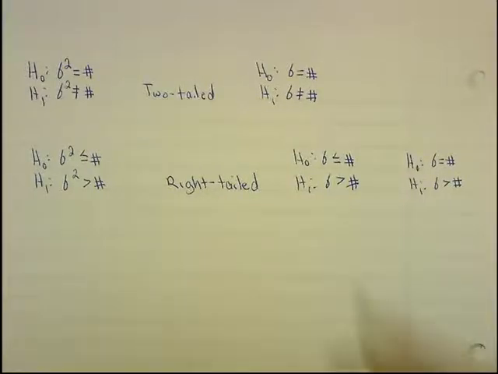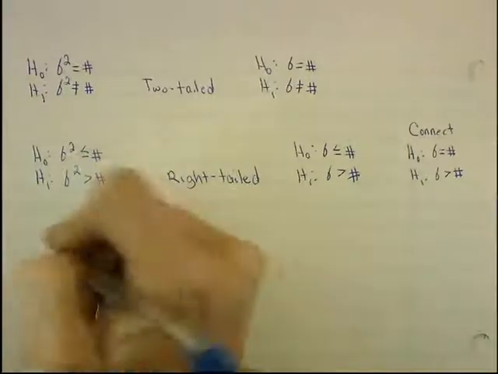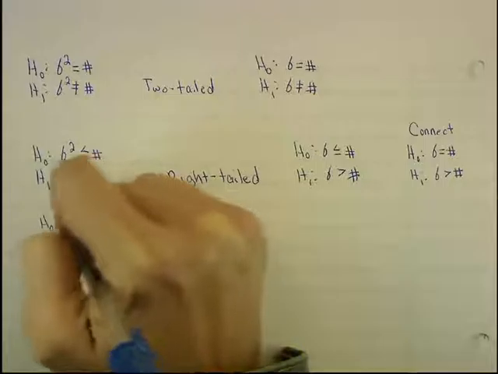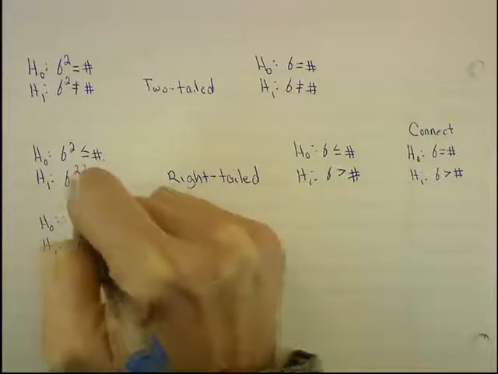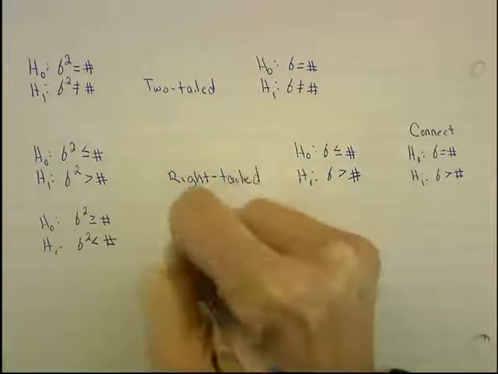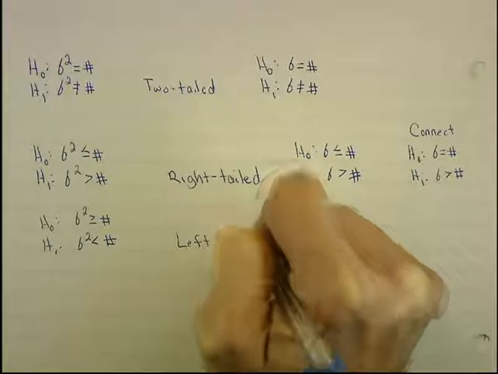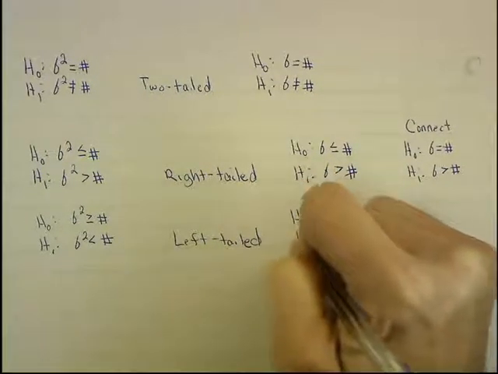Connect Math. For a left-tailed, you've got the null and the alternative, sigma squared greater than or equal to a number in the null, but sigma squared strictly less than a number in the alternative, and that's left-tailed. For the true standard deviation, it would look very similar.